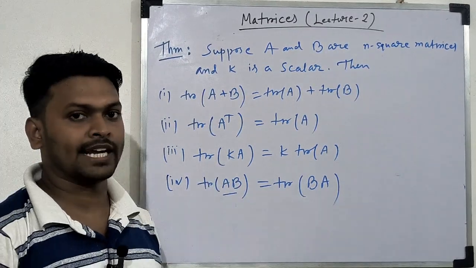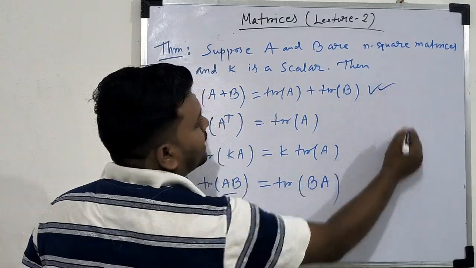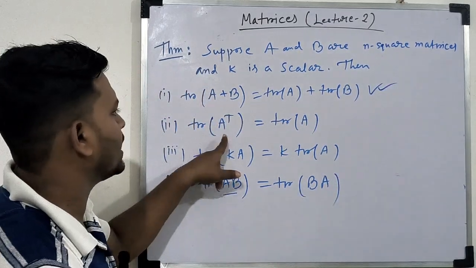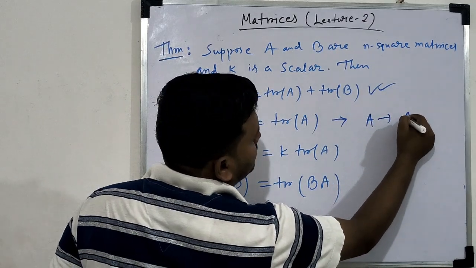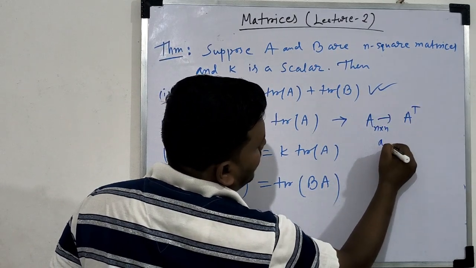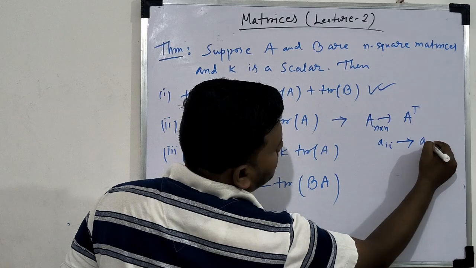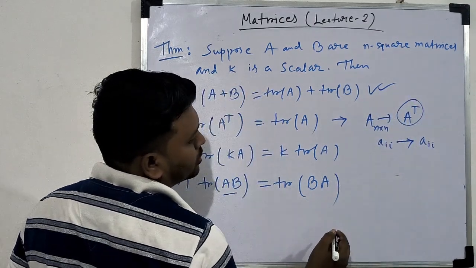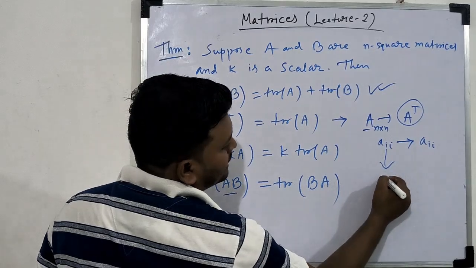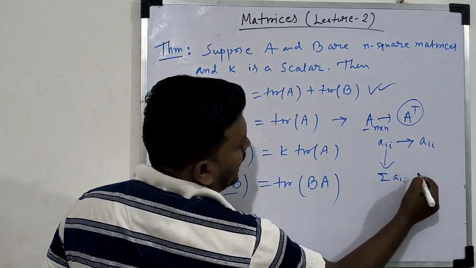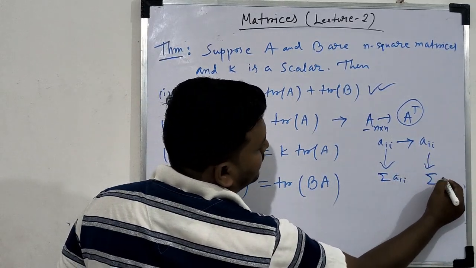So now we take one example to verify this. And this is obvious because whenever we transpose a matrix, the aii remain the same in this matrix also. So whenever we find the transpose of a matrix, this is the sum of aii, and this also holds for A transpose.